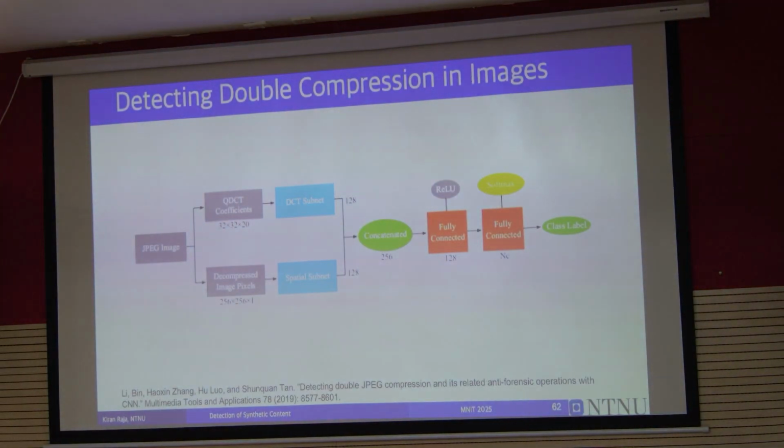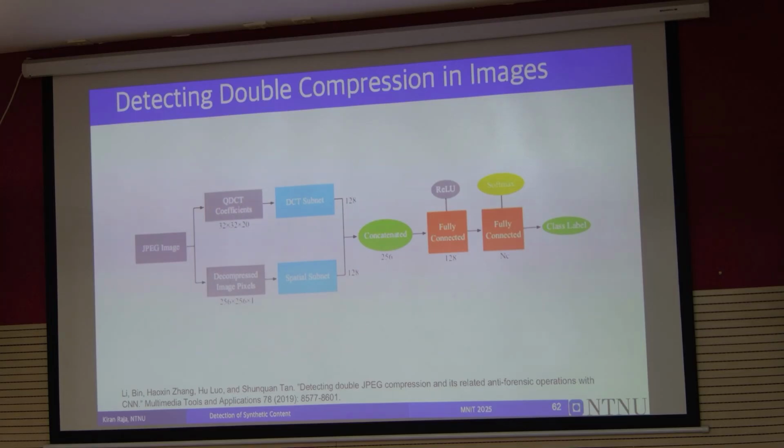Understandable? Okay. And then following those, after the deep learning era, came another approach, which again is based on looking at the quantized DCT coefficients, which is QDCT on the top area, and then from that they subselect some of the DCT components.